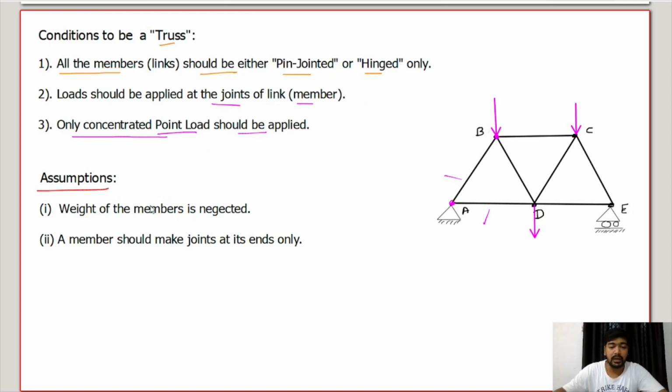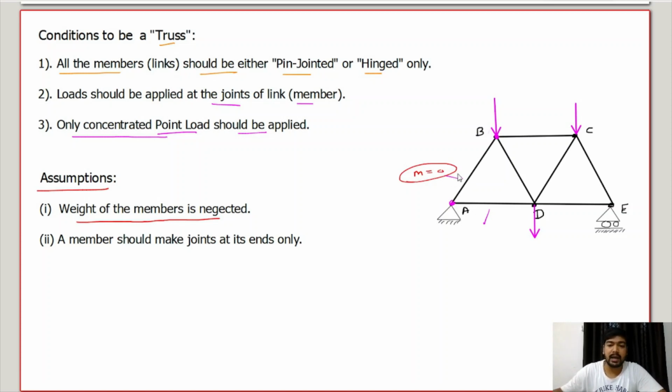Assumption, क्या assumption हम लेते हैं to solve the questions. The first assumption is that the member should have no weight or negligible weight. That means the member should have a mass which is equivalent to 0 or very negligible mass.